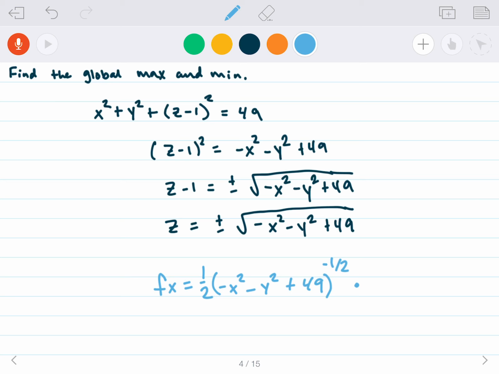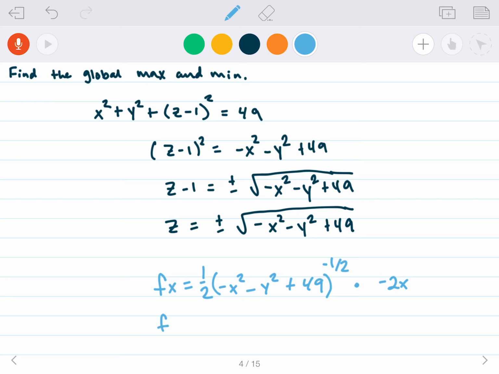Derivative of the inside is negative 2x. Remember, I'm just differentiating with respect to x. So again, I use the chain rule, and then I multiplied by the derivative of the inside, only considering x. All the y's and the other numbers are constants.